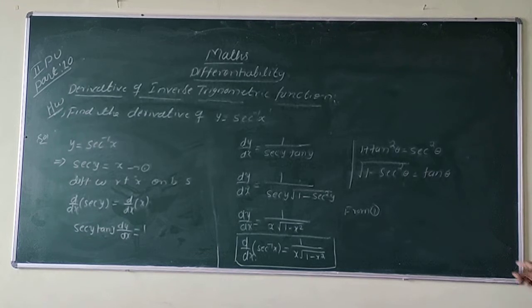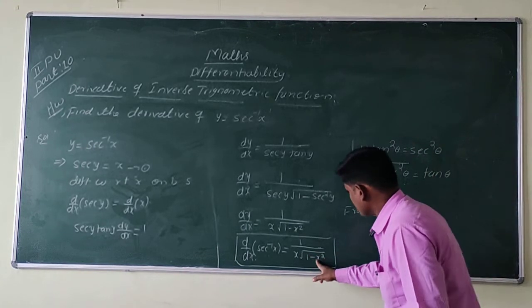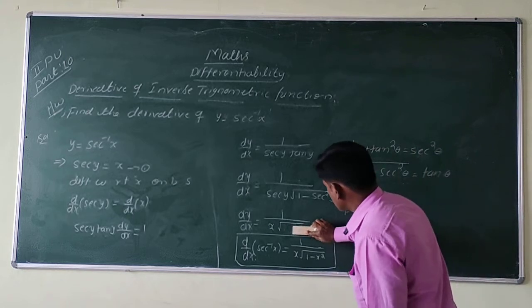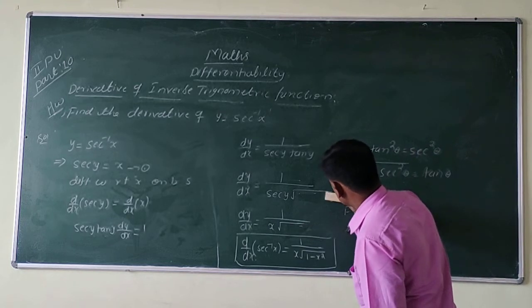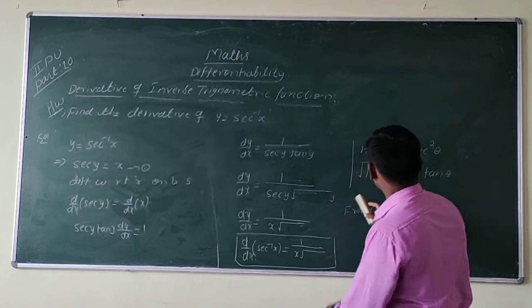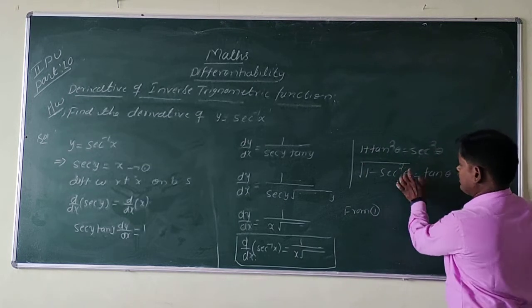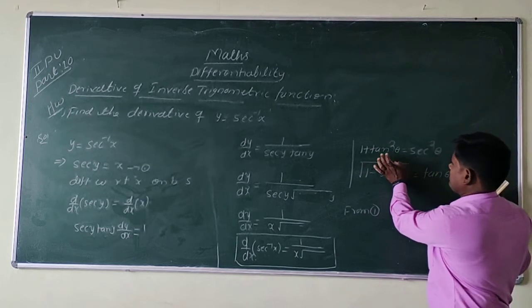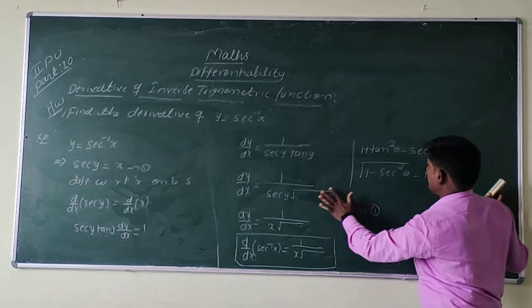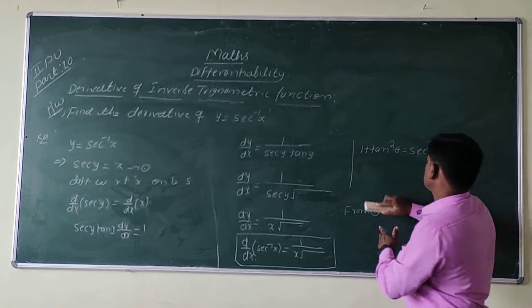Here there is a mistake. This is x square minus 1. Observe here, there is a small mistake. Secant, we are going to tan theta. So remove this.